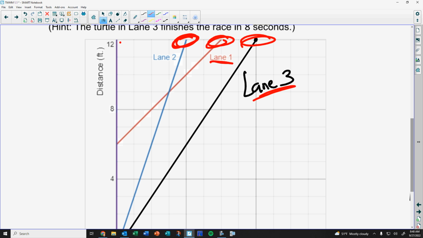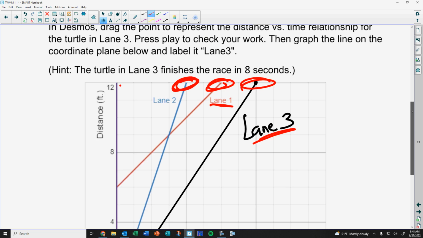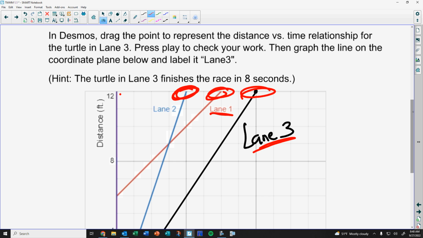Lane 1, right? He finishes faster. He finishes in 6 seconds. Lane 3 finishes in 8 seconds. But one got a head start. Oh no, sorry, you're right, I didn't ask you about the head start. So if you calculate speed, going back to your table, what is the speed of the turtle in lane 1?